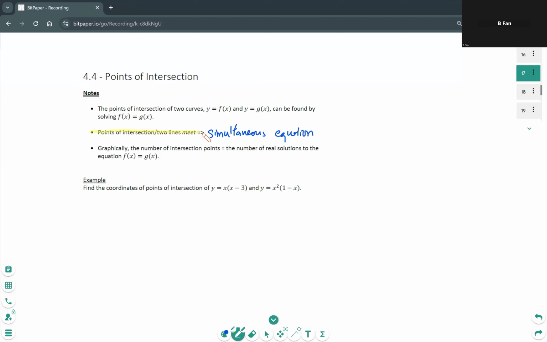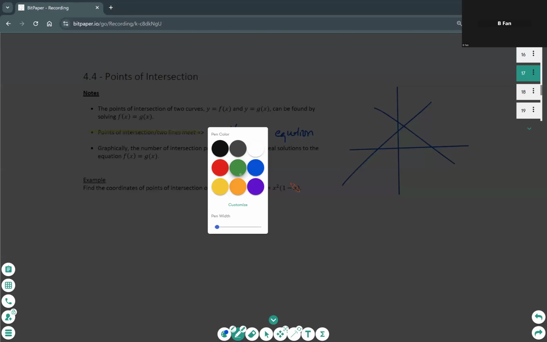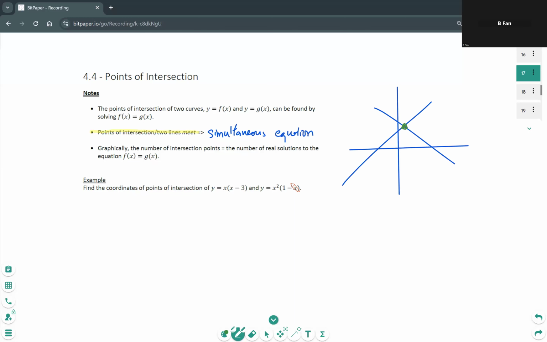Graphically, the number of intersection points equals the number of real solutions to the equation f of x equals g of x. For example, if you have two straight lines, you can tell there's only one solution, because they only meet once.